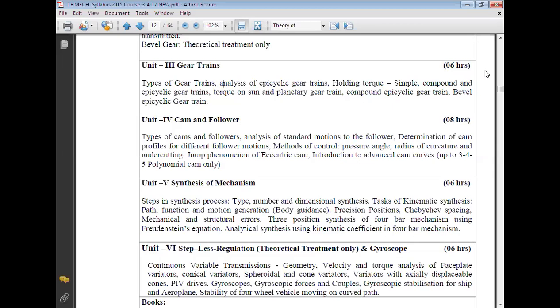Another name of this epicyclic gear train is sun and planetary gear train. The epicyclic gear train looks similar to the sun and planetary system. That is why it is called a sun and planetary gear train. Okay. Then we are going to see the compound epicyclic gear train and the bevel epicyclic gear train.